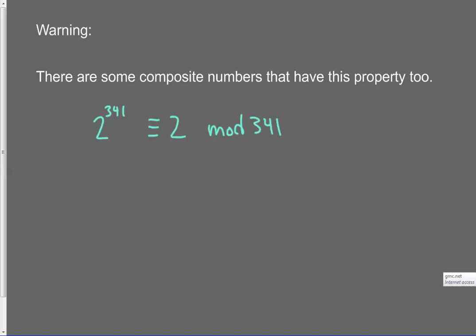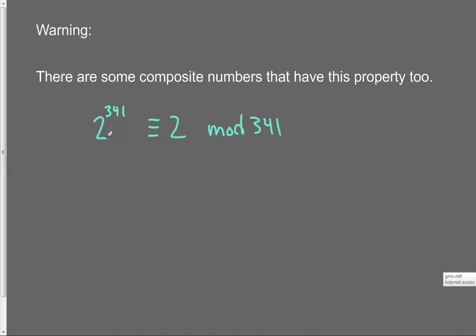Now, I want to be really clear. This is only a one-way test so far. It turns out that there are some composite numbers that pass this test. So if you fail the test, you have to be composite. But I'm not saying that if you pass the test, you have to be prime. There are some composite numbers that pass the test as well.